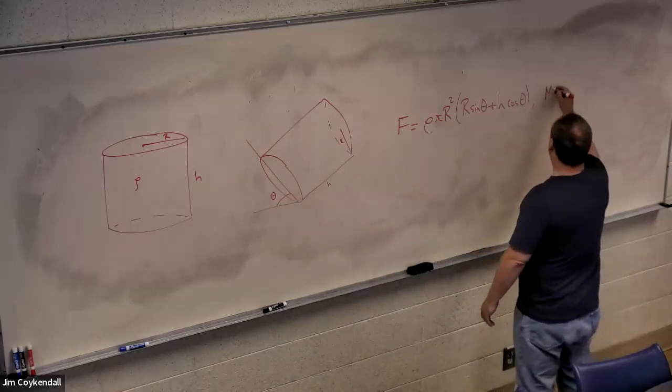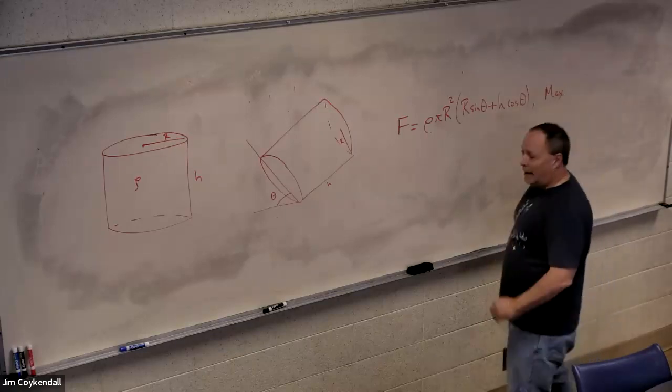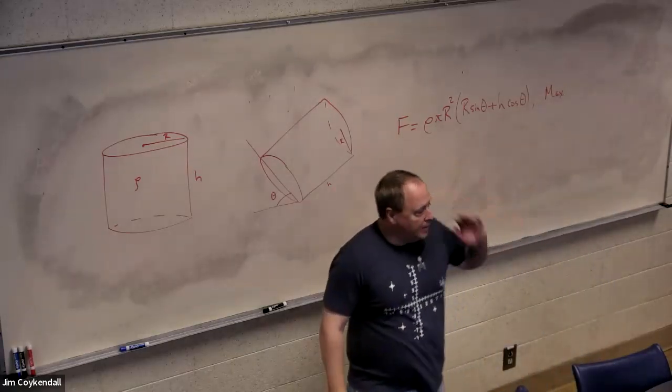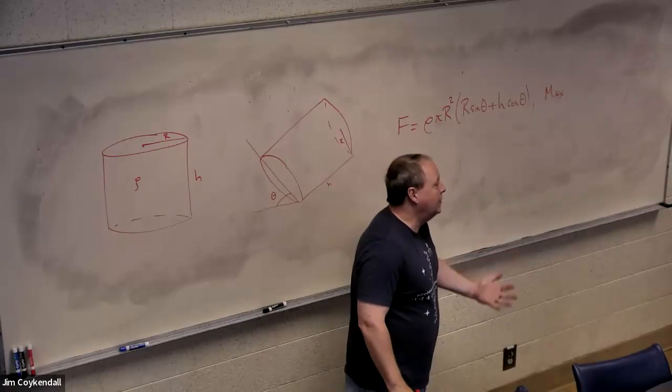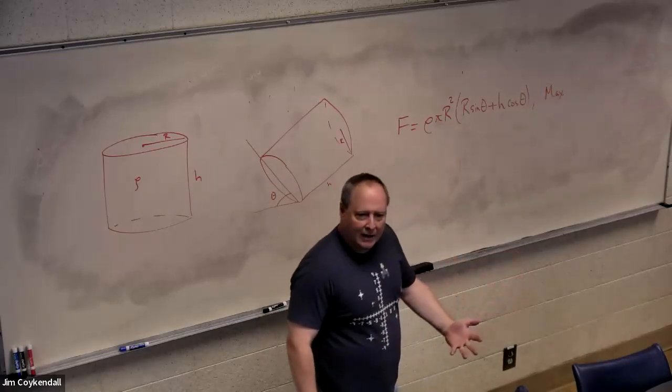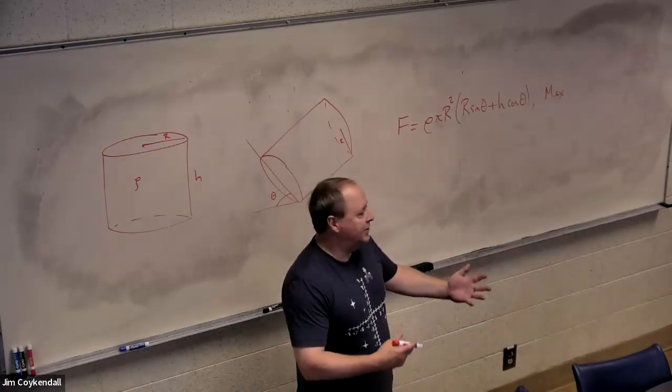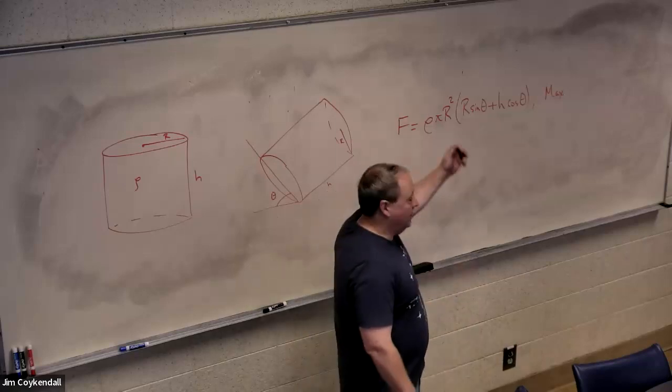What we want to do is maximize this. And actually, this is an easier maximum problem because you don't have to figure out what the formula is. Usually the challenging part is drawing a picture and figuring out the formula. Here it is.